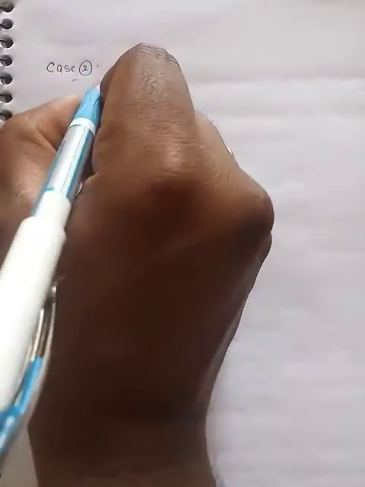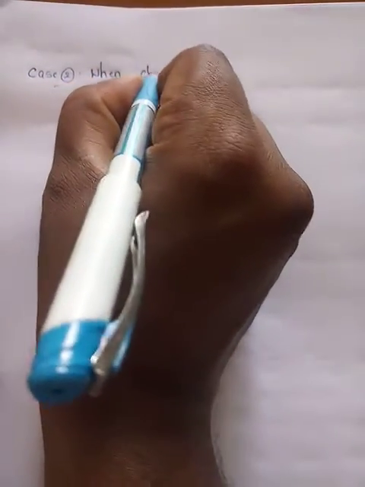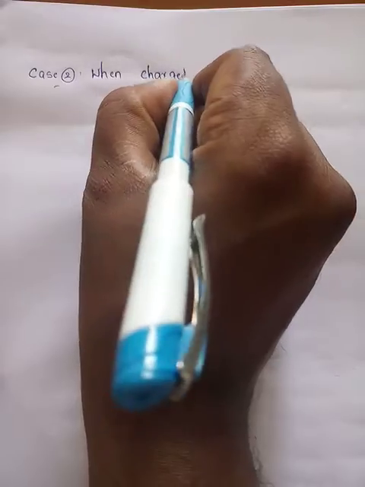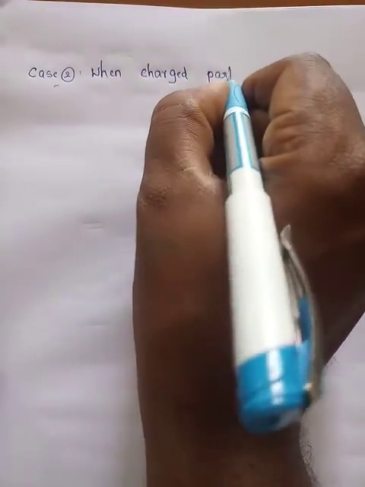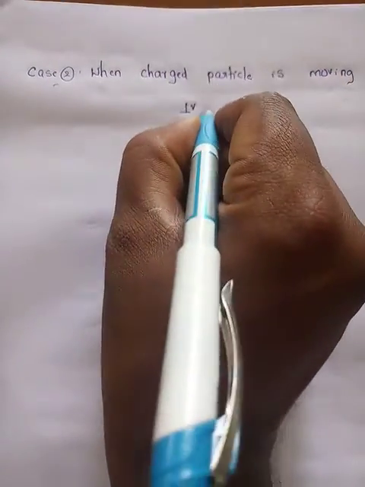Now, there is the point of what happens when it moves in a direction perpendicular to the magnetic field. Case 2. When a charged particle is moving perpendicular to the magnetic field.